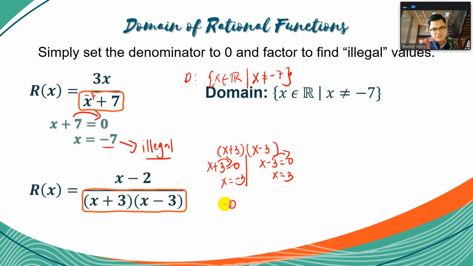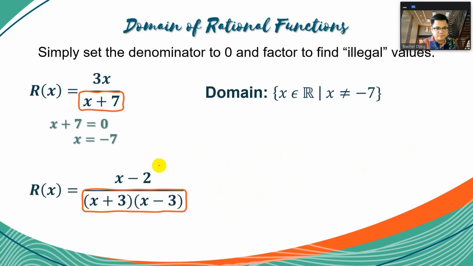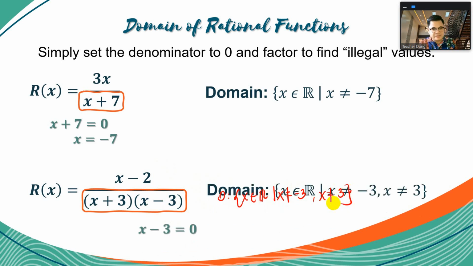The domain will be x is an element of real numbers such that x is not equal to negative 3 and x is not equal to positive 3. Therefore, we can have all the elements in the universal set except for negative 3 and positive 3. Why? Because these two will make the denominator 0 and the whole function undefined. That's how we get it.